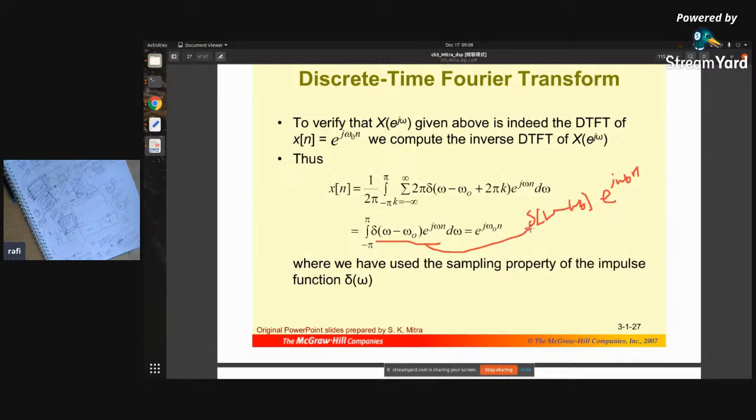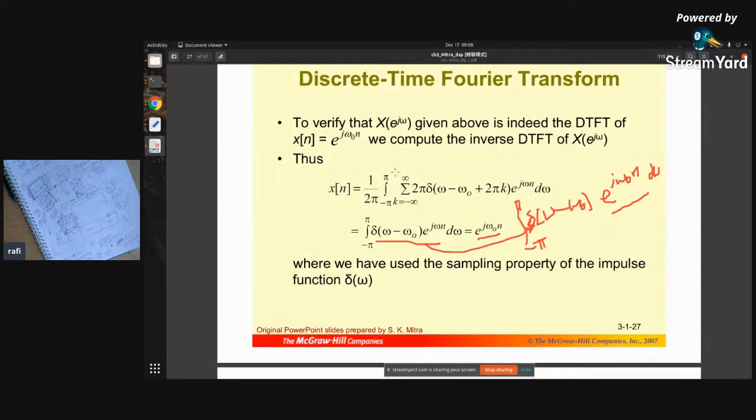This is a constant with respect to omega, so it will come out of the integral, which runs from minus pi to pi with d omega. In minus pi to pi you have an impulse whose area is 1. So 1 into e power j omega naught n is e power j omega naught n. That is the inverse Fourier transform of this.